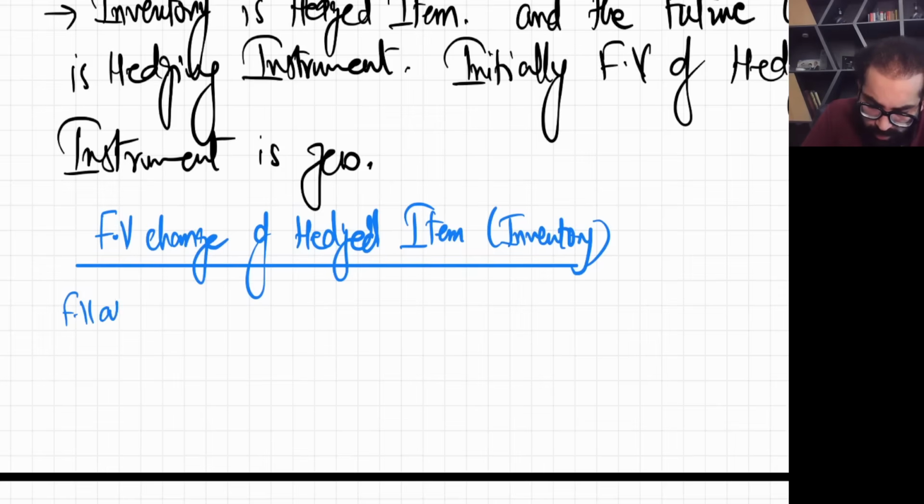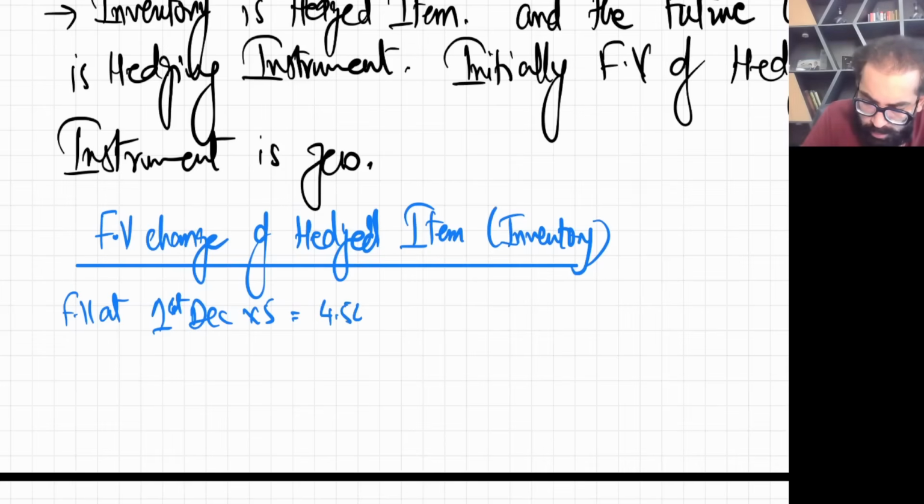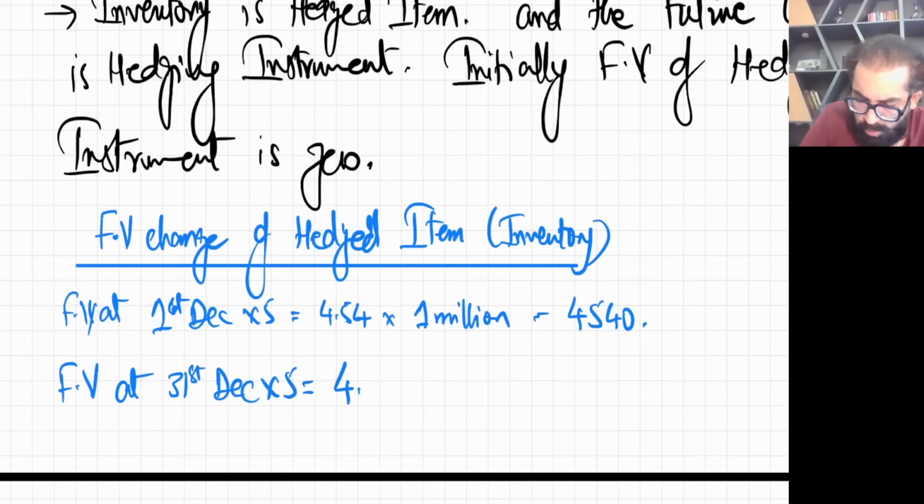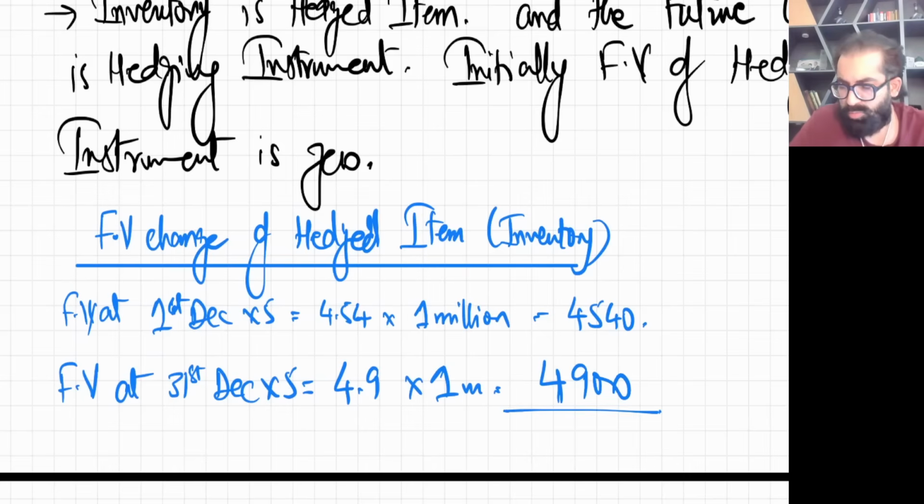Fair value at 1st December x5, it's 4.54 multiplied by 1 million, so it's going to be 4540 as I just told you. And what is the fair value at 31st December x5? It's going to be 4.9 multiplied by 1 million, which is going to be 4900.